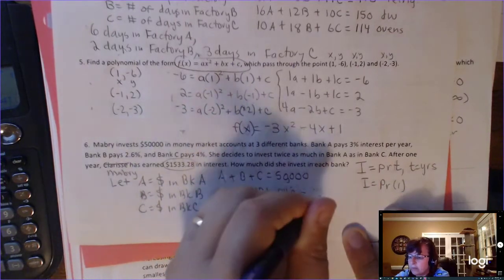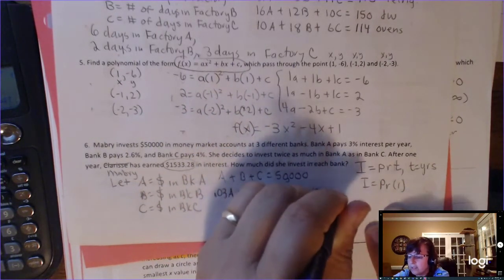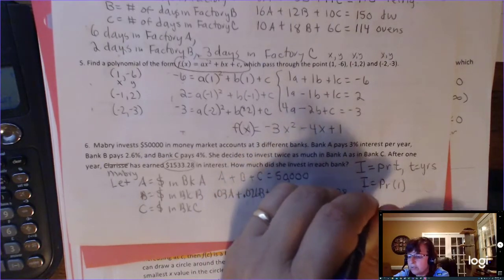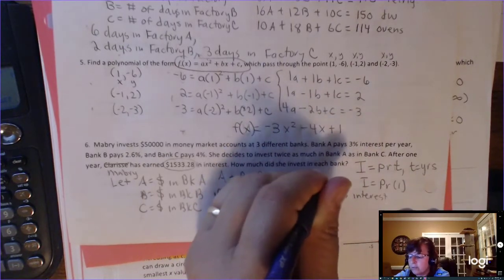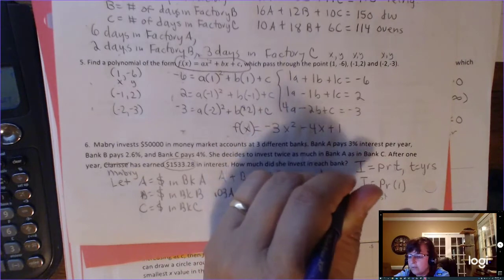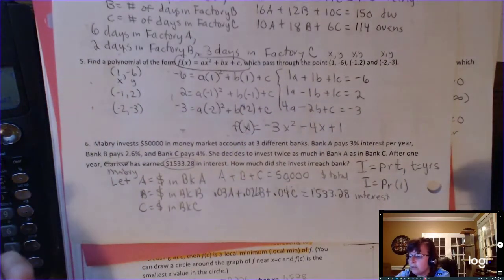And I'll rewrite this total. So this is your interest total. This is your money total, or principal total. So we need one more equation.